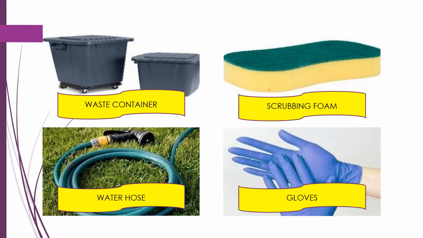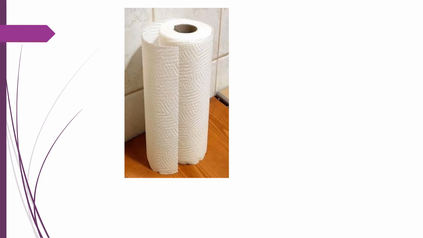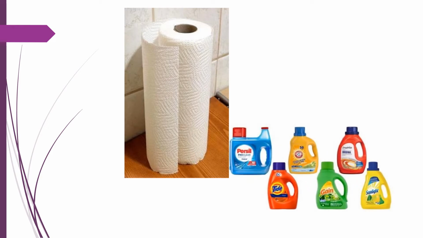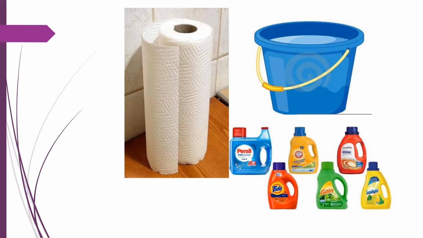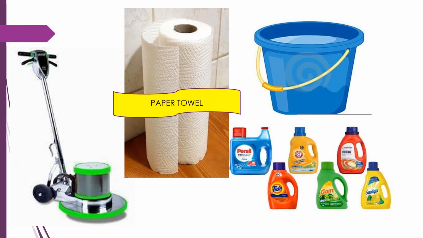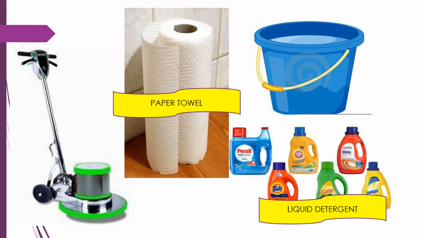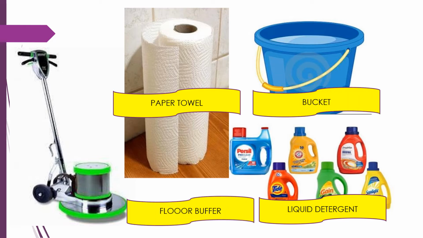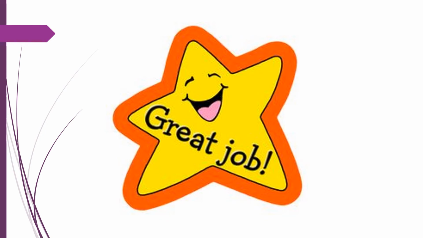Very good. Now let's proceed to another set of fixtures. Fixture number 5, 6, 7, and the last fixture. Now let's see if you can identify these. Paper towel, liquid detergent, bucket, floor buffer. Very good. You're doing a great job, class. Now you are ready for our new lesson.